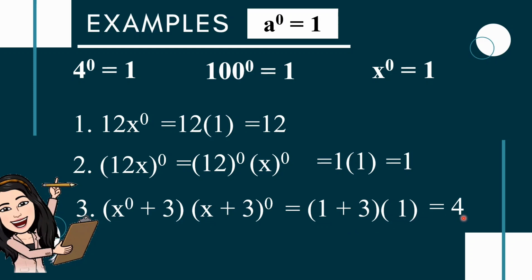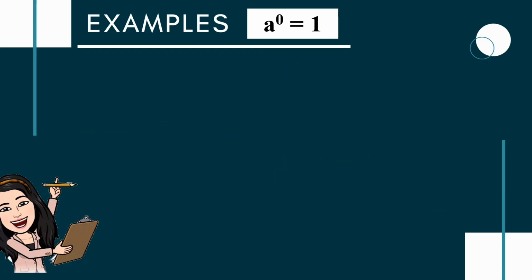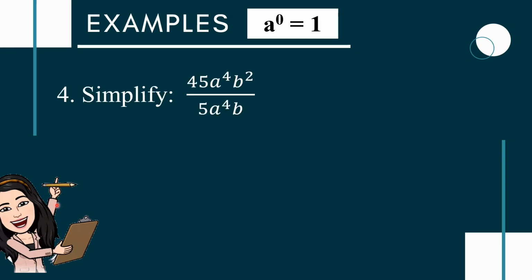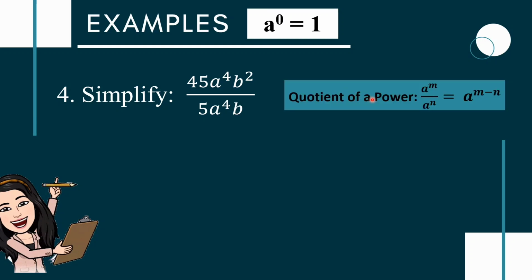Another example is simplify 45a raised to the 4th b squared divided by 5a raised to the 4th b. Now, in order to simplify these, we need to apply the quotient of a power. So let's have this. This will be 45 divided by 5 is equal to 9.